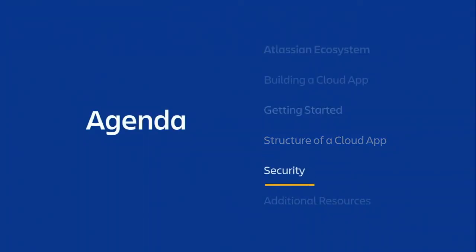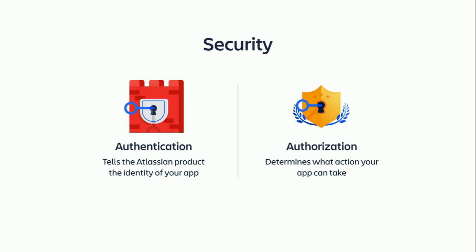Let's talk about security. We're just going to talk about it at a high level. There's authentication, and then there's authorization. Let's look at authentication quickly. Atlassian Connect apps use JWT, or JSON Web Tokens, for authentication. This is already built into the supported Atlassian Connect libraries.